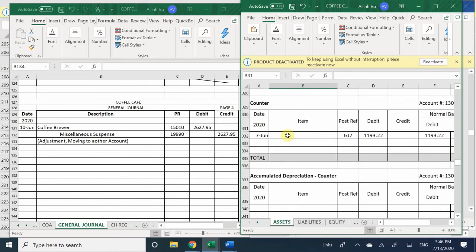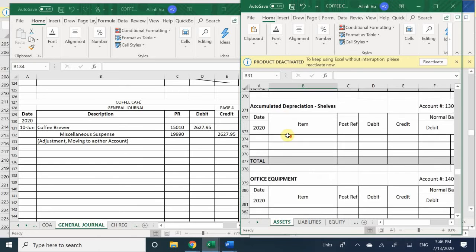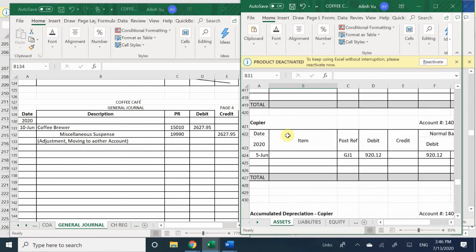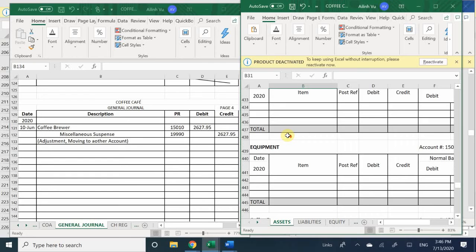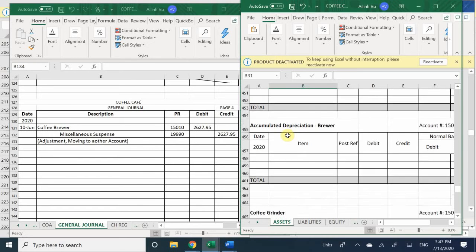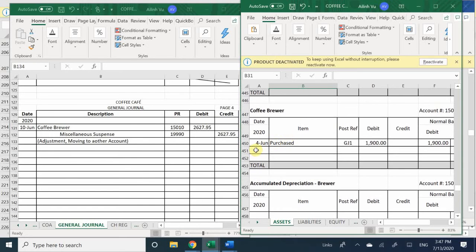Okay, so I have my furniture, office equipment, and then I should have my office equipment here under here, coffee brewer. It's on 13. Perfect. So here I'm going to indicate the date, and I'm going to go ahead and write purchased because I did purchase it.